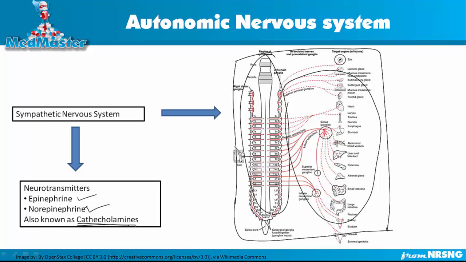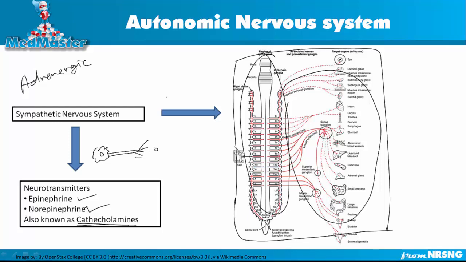Now, there are many names for the sympathetic nervous system. Some would say adrenergic as well. It's the same thing. So you can say adrenergic or sympathetic nervous system. They're both the same thing. And the neurotransmitters are the main neurotransmitters for them. When I say neurotransmitter, it means one neuron talks to another neuron.